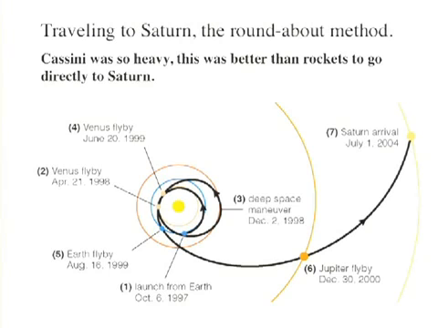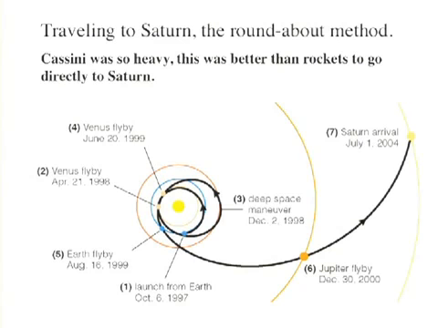No, wait a minute. Okay, flew by Venus, and then when it was opposite Venus, it fired its rockets, so it would go in further. And then it flew by Venus again in June 1999.